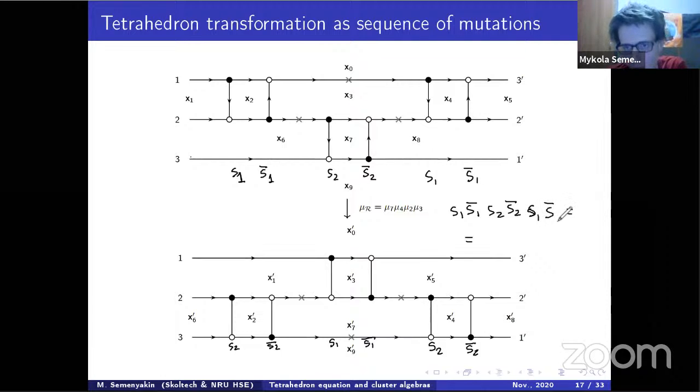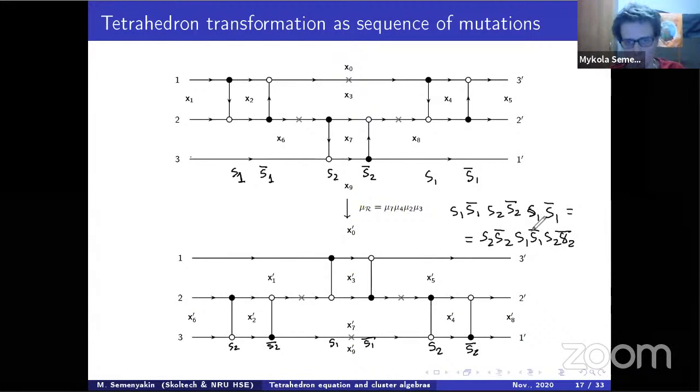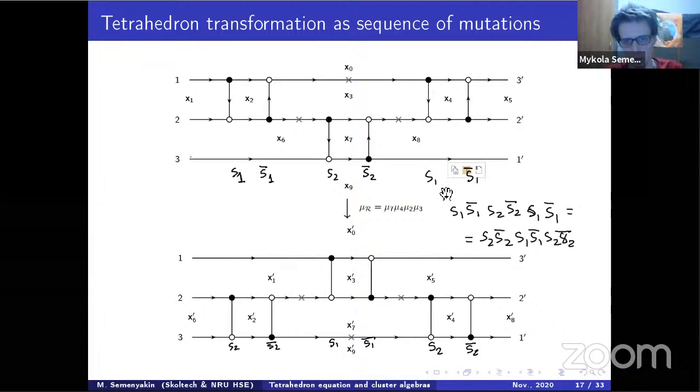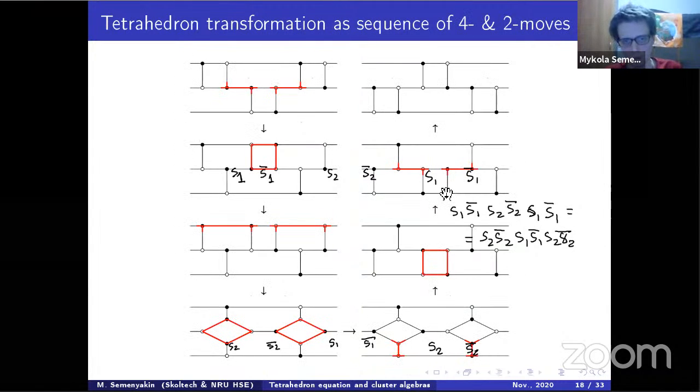S1, S1 bar is equal to S2, S2 bar, S1, S1 bar, and S2, S2 bar. And this is a trivial thing which follows from the transformation which was presented on this slide.